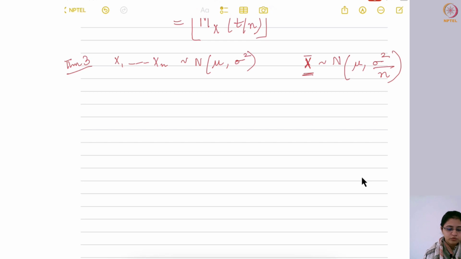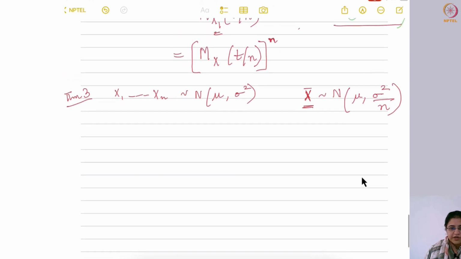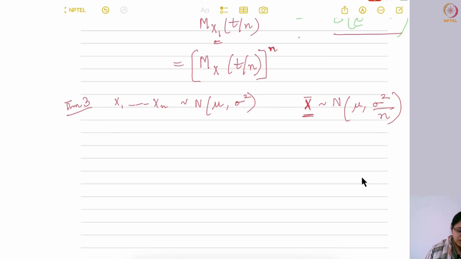In order to prove that, we will use the MGF result that we have obtained earlier. So this is the moment generating function of x bar at t, right? Since this holds true for any population, it will also hold true for the normal population.